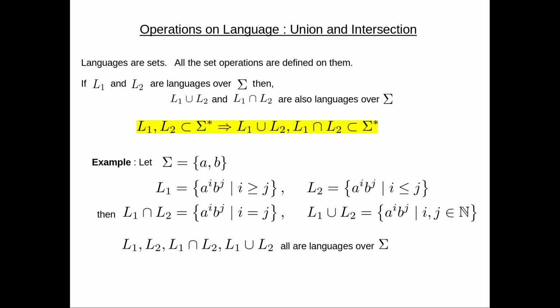Now we have certain operations on languages. First of all, since languages are sets of strings, we can have all the set operations on them, for example union and intersection.